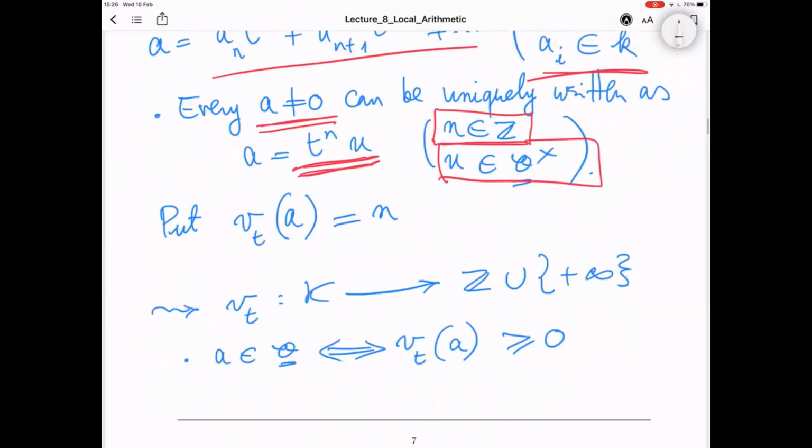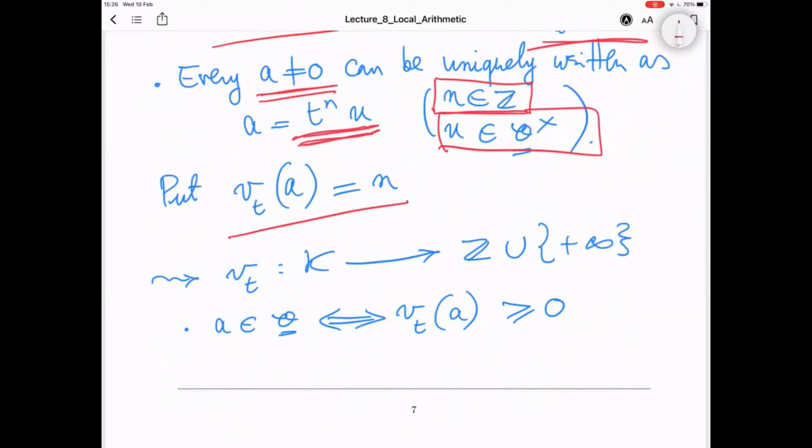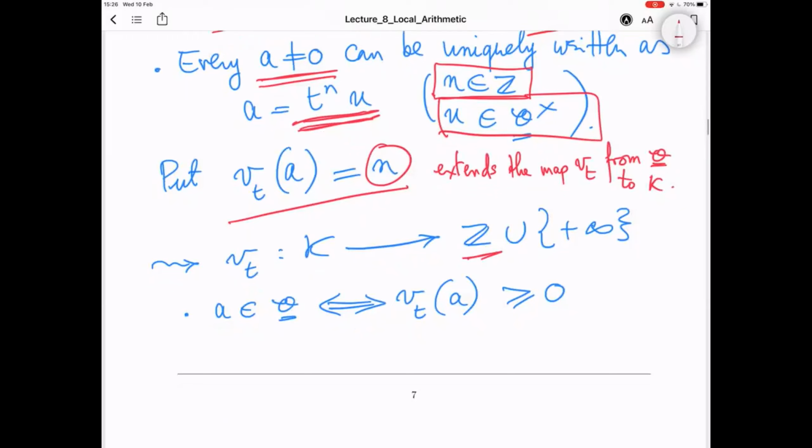So if I define the valuation of such an a to be n, I'm just extending the map Vt from the ring O to the field K. And of course, the values also are allowed to be integers now.